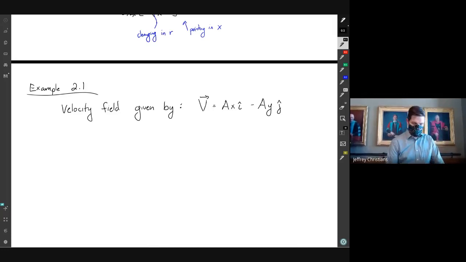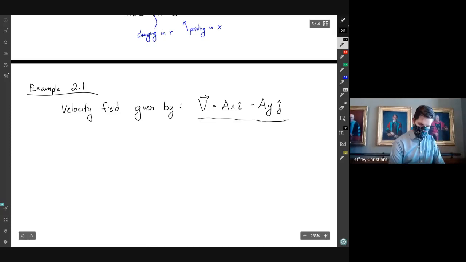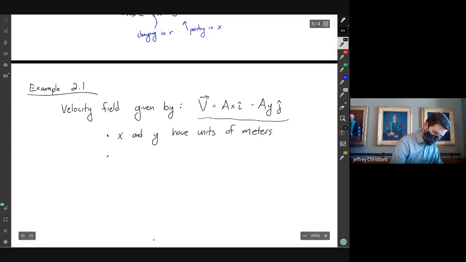Okay, so that's our equation. x and y have units of meters, and a equals 0.3 per second.